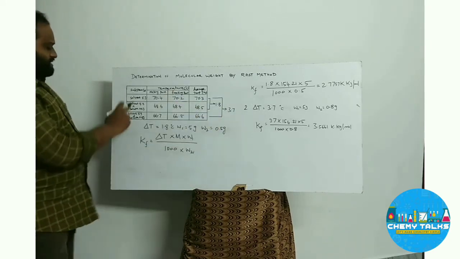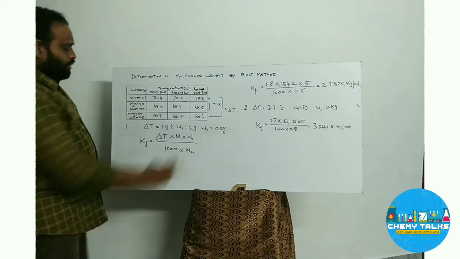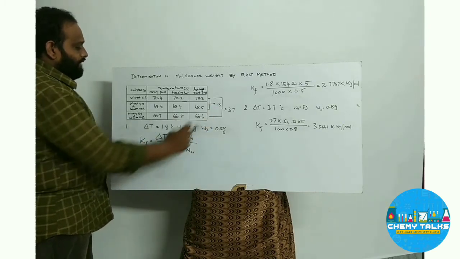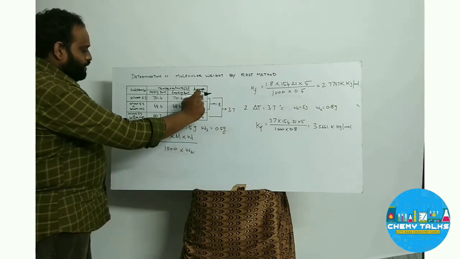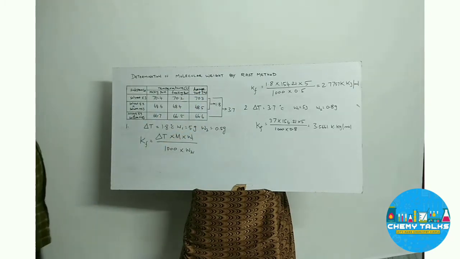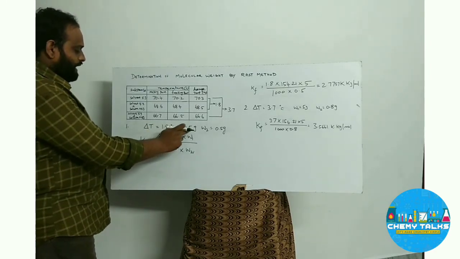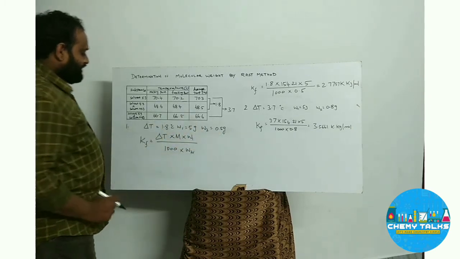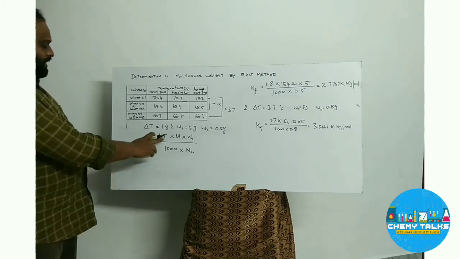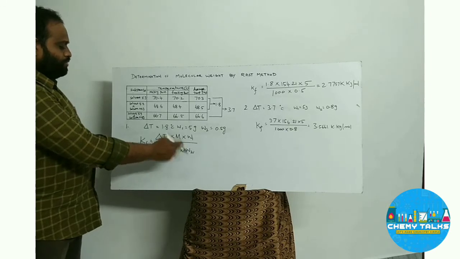values. One is solvent 5 gram and solute 0.5 gram, a 10:1 ratio. We get the depression in freezing point, the average difference between the solvent and solute, of 1.8 degree Celsius. Applying 1.8 degree Celsius with W1 5 gram and W2 0.5 gram, we can calculate the Kf using the formula: Kf is equal to delta T into M into W1 divided by 1000 into W2.